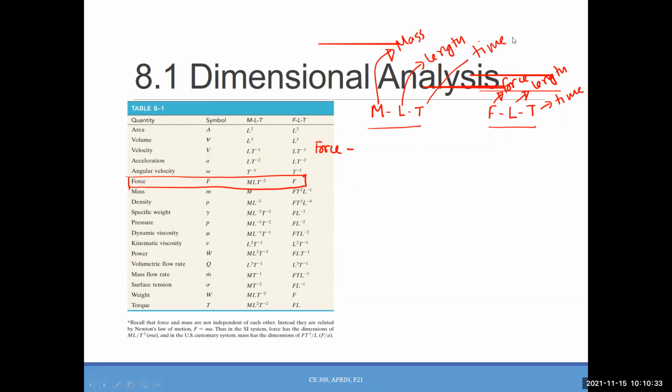So for force, we don't have any length or time, it's just force here. So it will be just F.